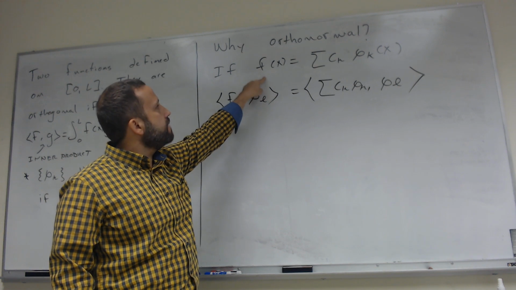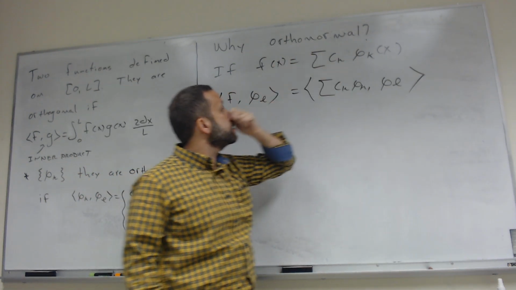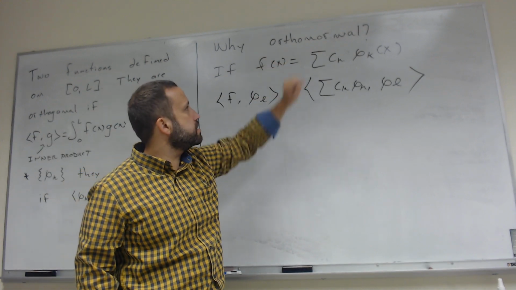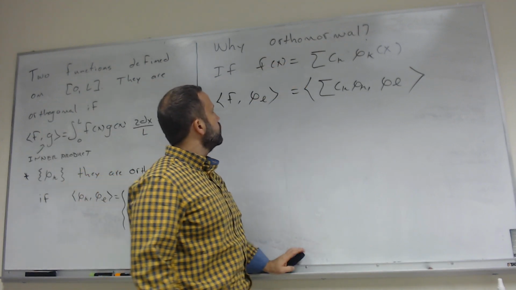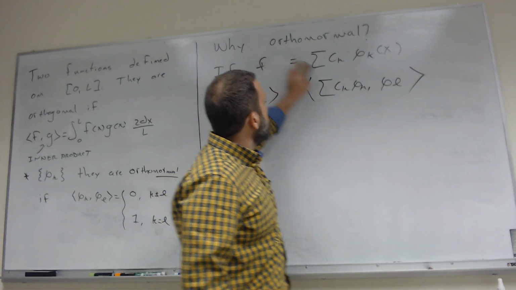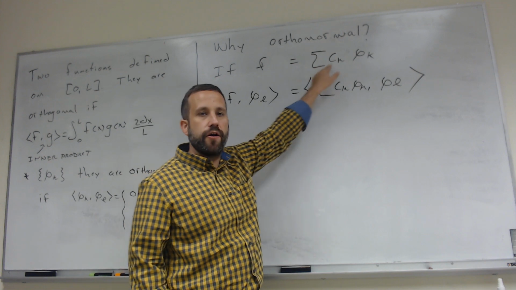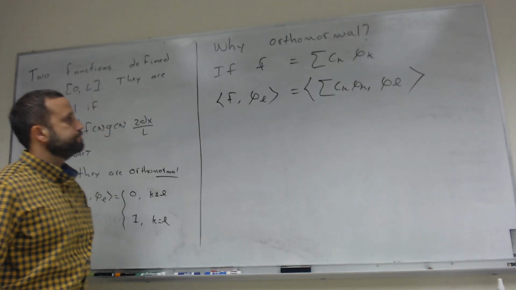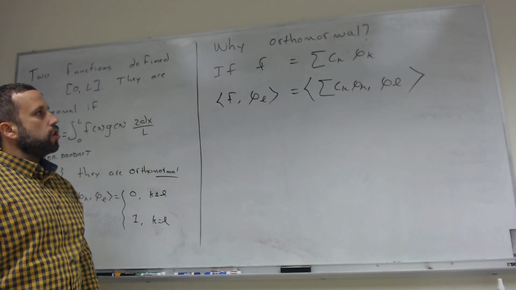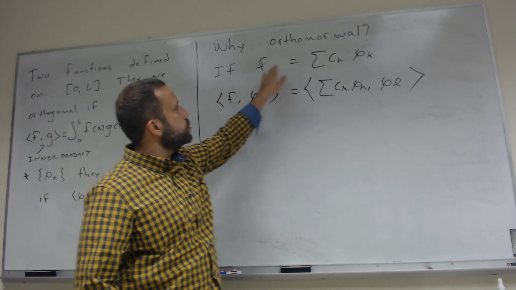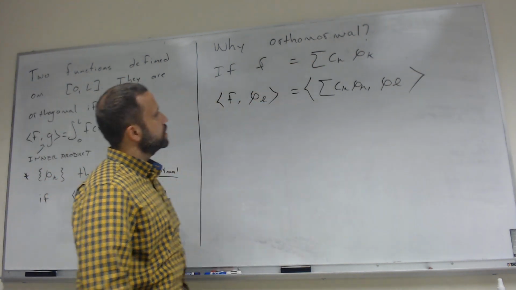When I say f of x is written like this, what this means is a pointwise equality. It means if you plug in an x, these two things are the same. But on the level of functions, what we really want to say is something more like this, that f is a series of these phi_k functions. It doesn't really matter, we're saying that these two things are equal to each other.